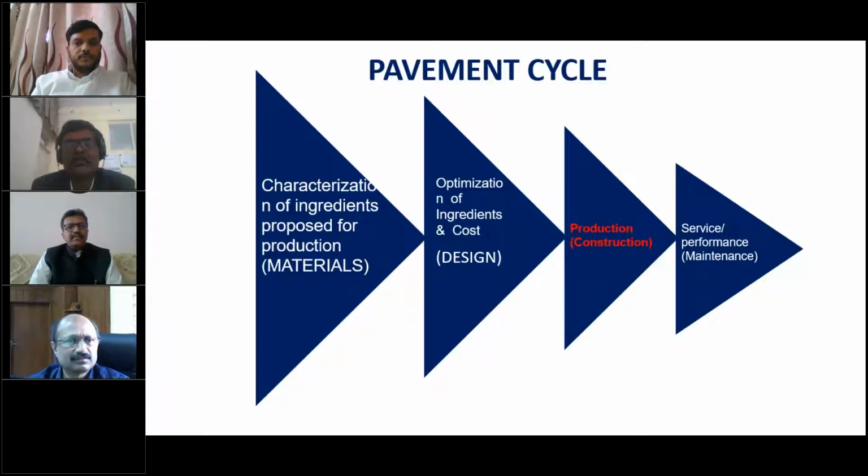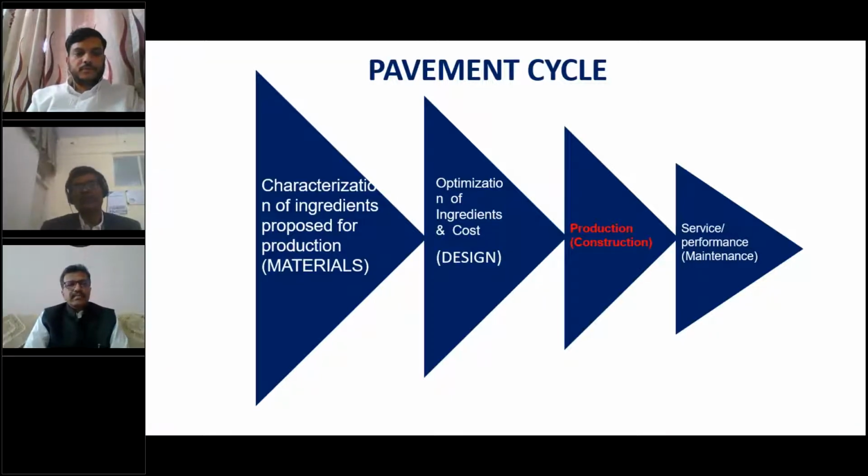If we take the cost component of road construction, 50% of the road cost goes to materials. That means for a 100 crore road project, 50 crores we spend on the materials.